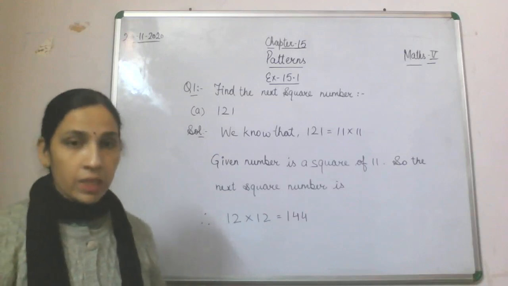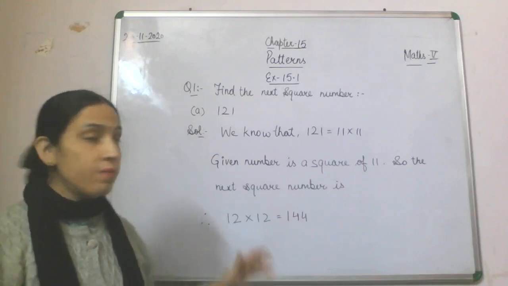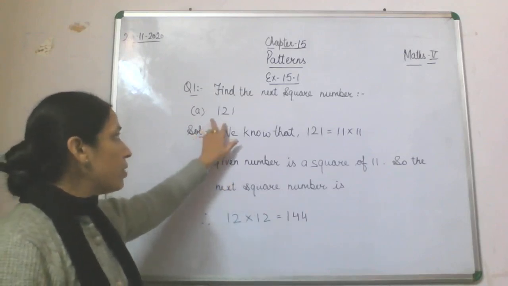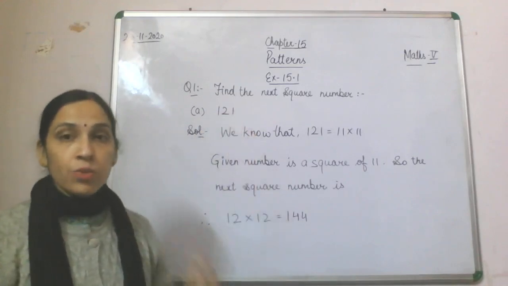What do you understand in this question? That you have been given this square number, you have to find the next square number.